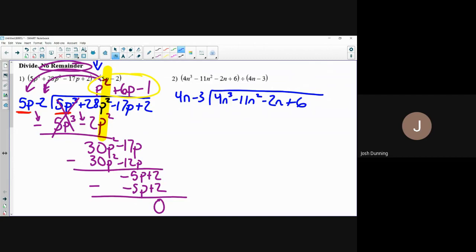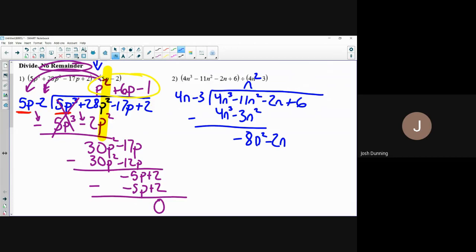And you'll see, hey, this will line up. N squared over 11n squared. All those will be in a vertical alignment. Distribute: 4n cubed minus 3n squared. Now be careful again. That is negative 11 minus negative 3. So that's negative 11 plus 3. Negative 8. Bring down your minus 2n.